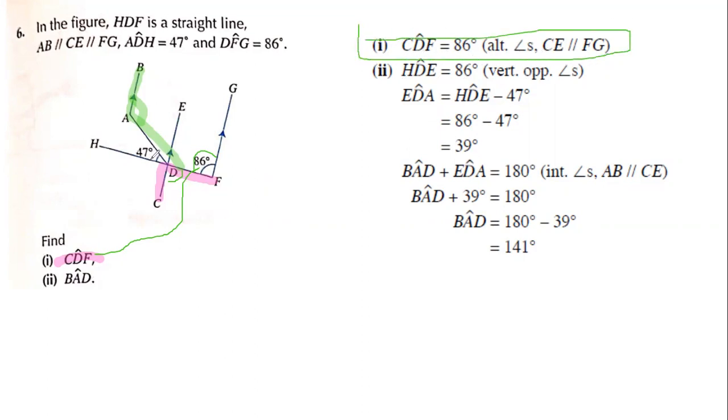Now we can clearly see that this total angle here is what? It is also 86 because these two are opposite angles, sorry. Okay, so the total angle here becomes 86.